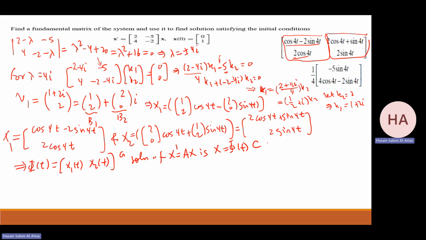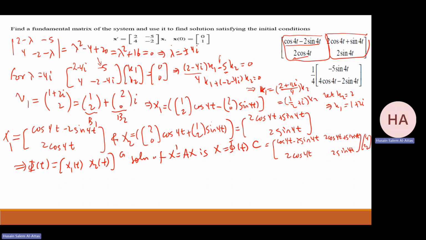I can rewrite it as the matrix with cosine 4t minus 2 sine 4t, 2 cosine 4t, and so on, times the vector c1, c2.